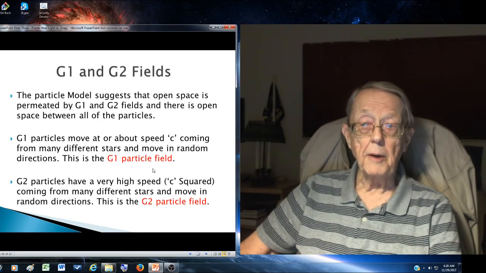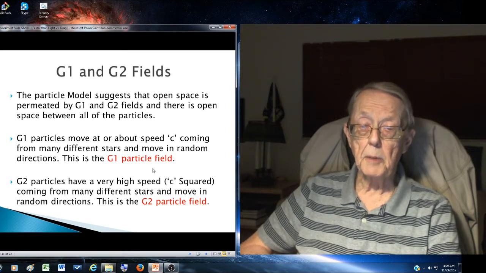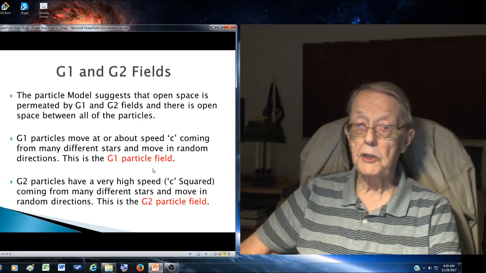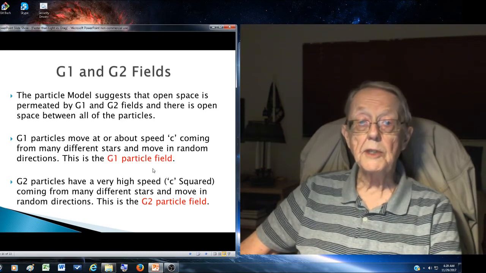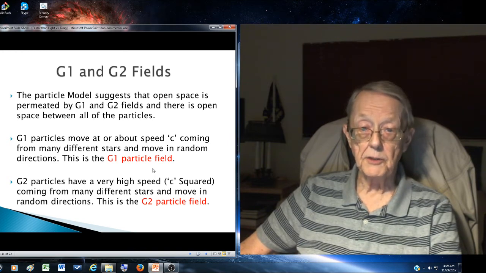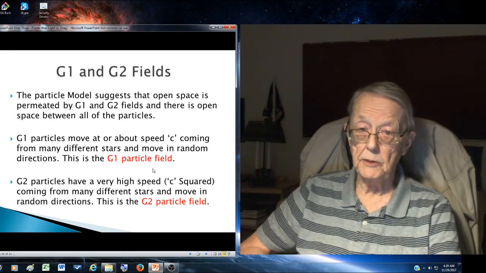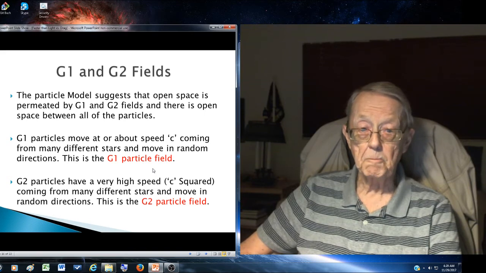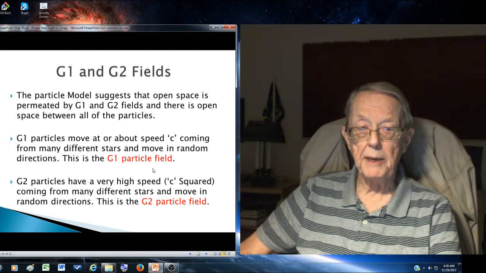But in the particle model, we have these G2 fields, and I explained a couple of slides before that the G1 and the G2 come from the stars in our galaxy and the universe. The particle model suggests that open space is really permeated by G1 and G2 fields. There is open space between all of these particles. G1 particles move at or about the speed of c, coming from many different stars, and move in random directions.